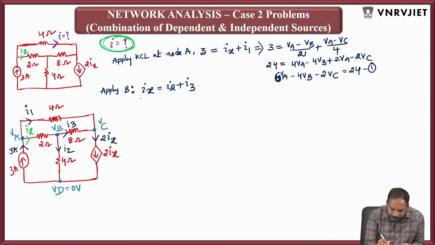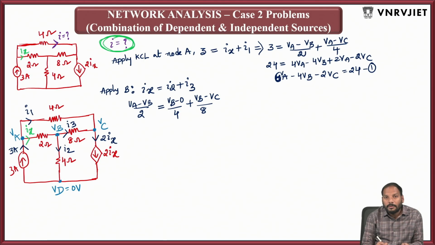Ix is simply VA minus VB divided by 2, equal to I2, which is VB minus 0 by 4, plus I3, which is VB minus VC divided by 8. Now for this equation, we'll multiply throughout with 8.